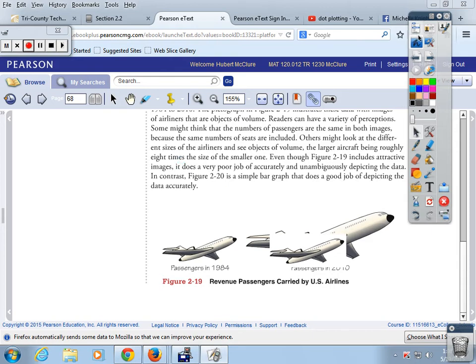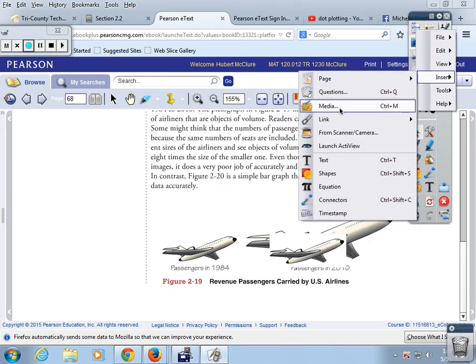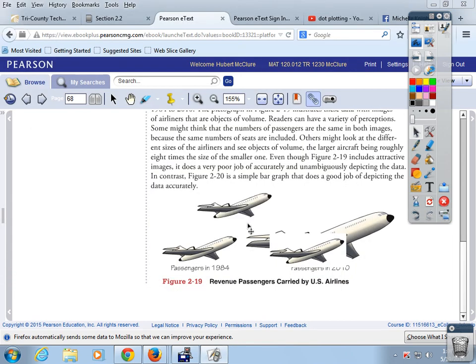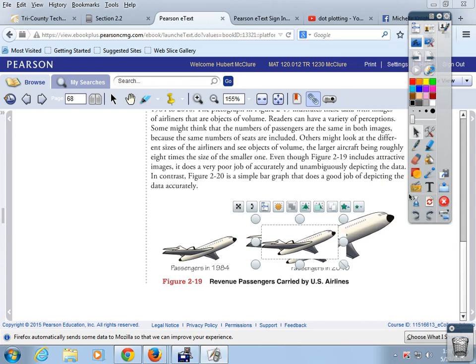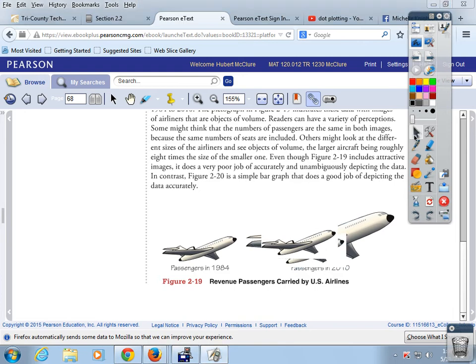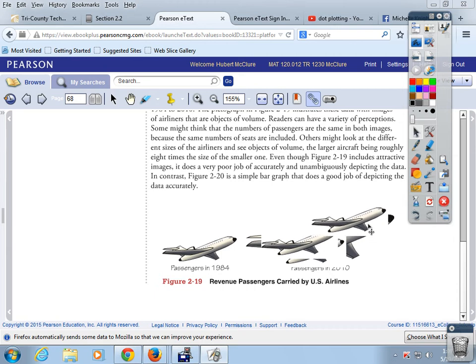And then insert. And there's about two right there. And then we could probably copy. Paste. It's not letting me paste. Now just bear with me. Paste. And then right in there. And then one more.